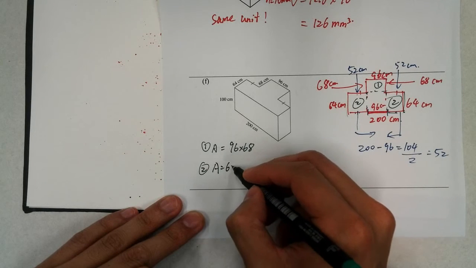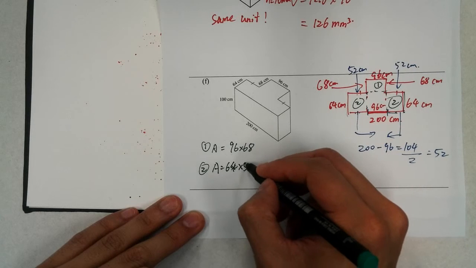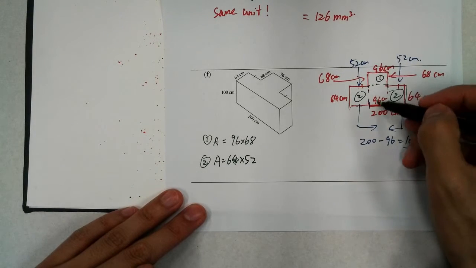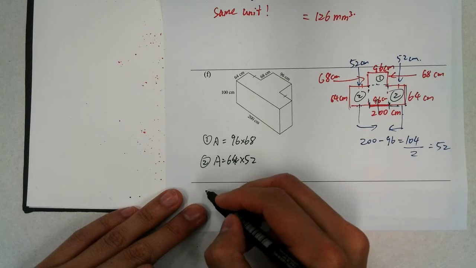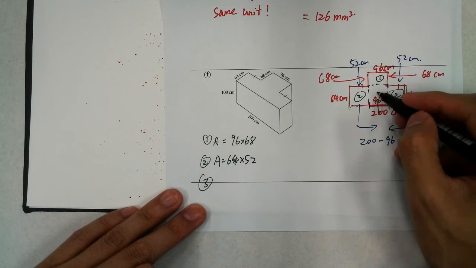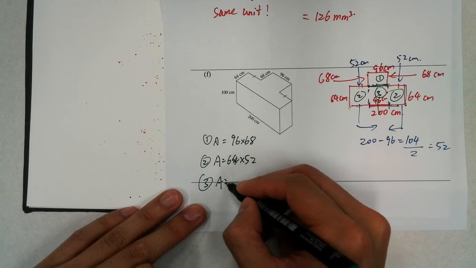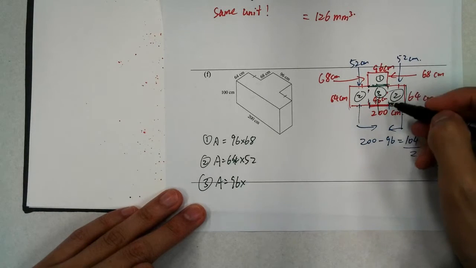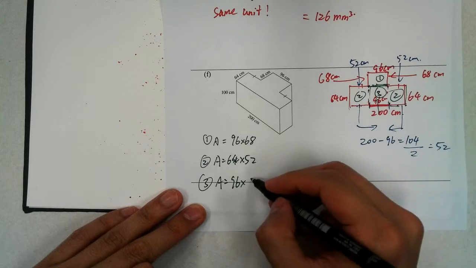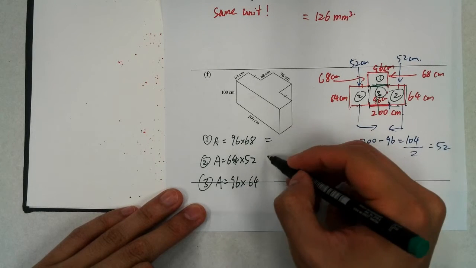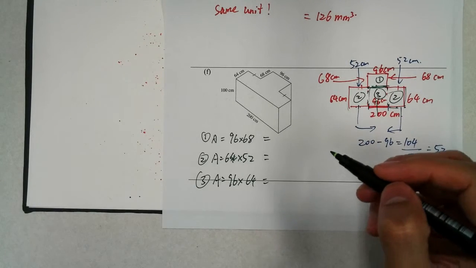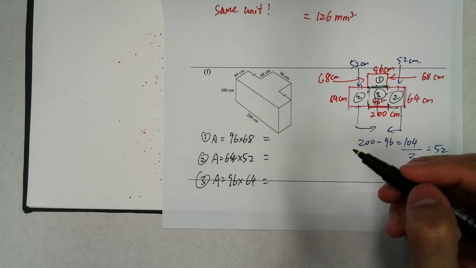So the area is 64 times 52. The last one will be this. The width is 96. The length is 64.